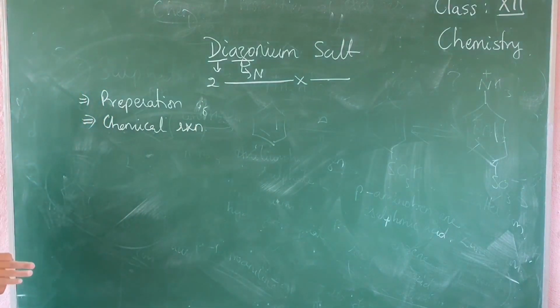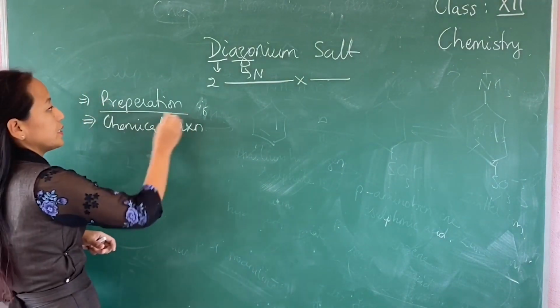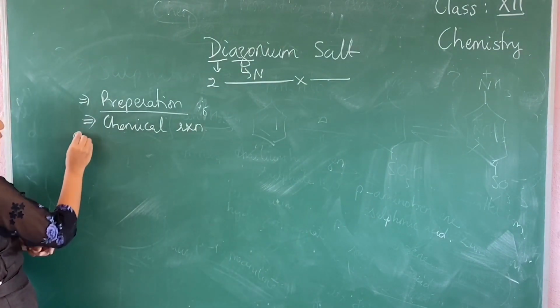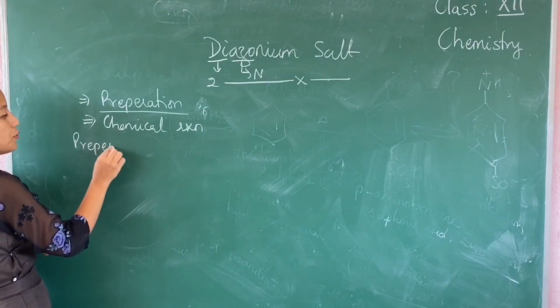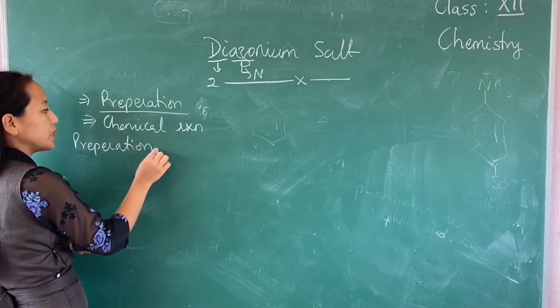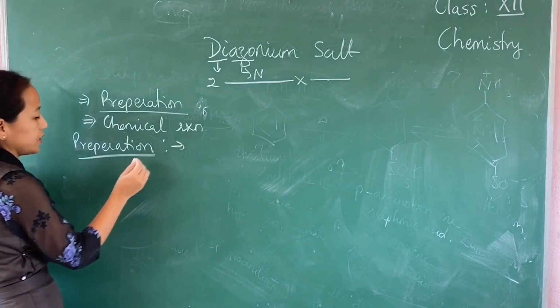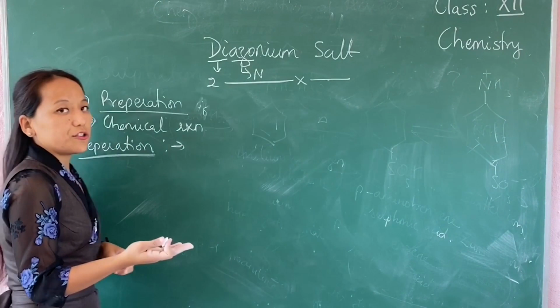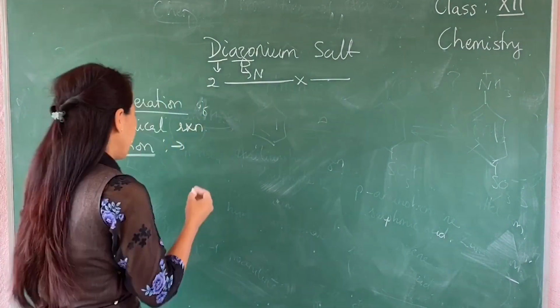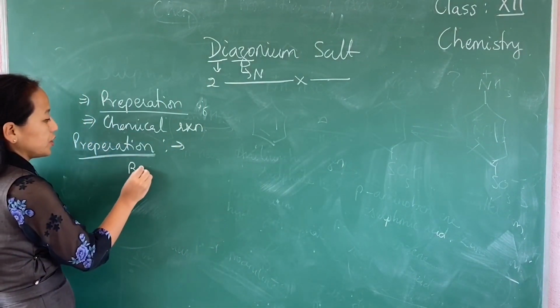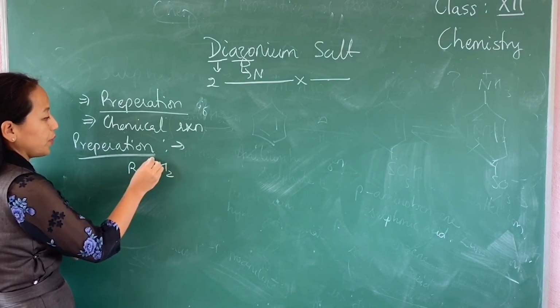Okay, now in this case, let's start with the preparation. Under preparation, you have to treat amines with the diazotization reagent, that is sodium nitrite with HCl. Now let's take, I have RNH2, a primary amine.